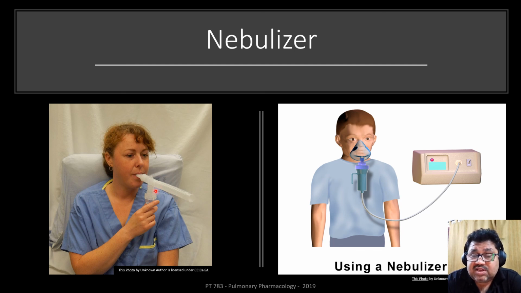This T-piece essentially allows the person to keep on breathing using their mouth. However, in cases of people who cannot use a T-piece because of either cognitive reasons or if there are children involved who cannot do what they are being asked to do, then it can also be delivered using a mask. So either by mouthpiece or by mask.